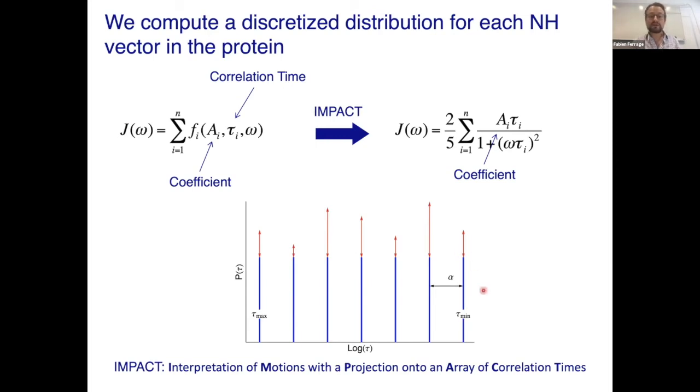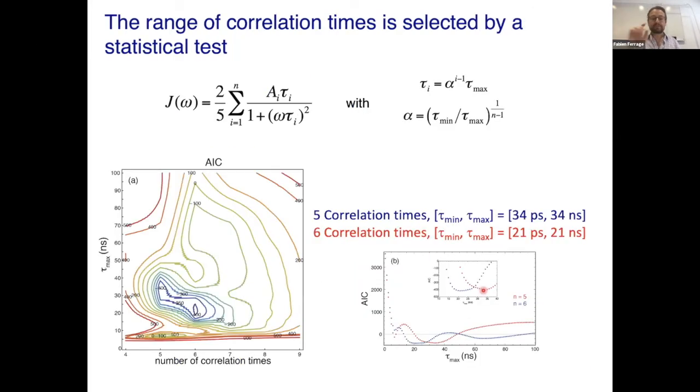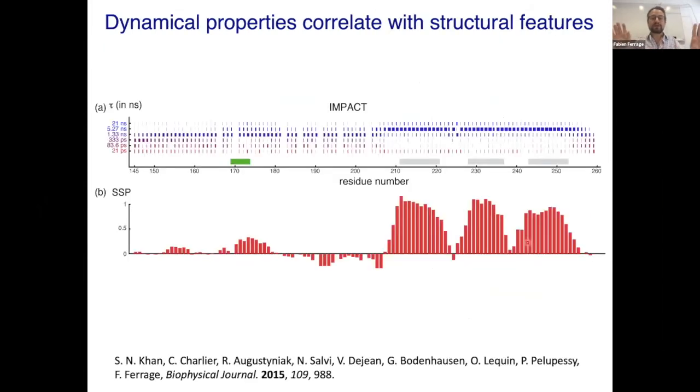We optimized, using statistical arguments, the number of correlation times with their spacings, and also the range of correlation times that is probed. And here you see a slight preference for an optimum where we use six correlation times going from 21 picoseconds to 21 nanoseconds.